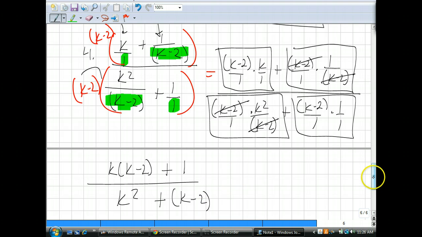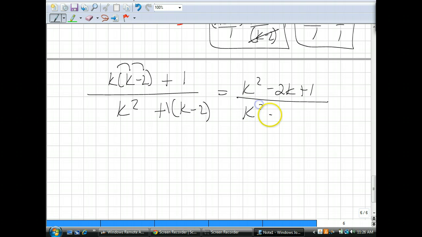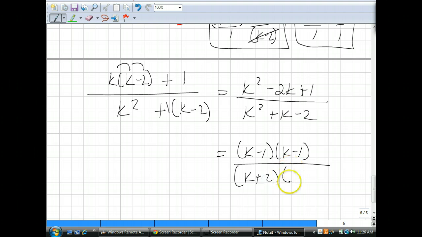Okay, then I go back and distribute to get rid of these parentheses. It's going to be k squared minus 2k plus 1. I'm going to distribute the 1 that's here, k squared plus k minus 2. Right? Factor: k minus 1 times k minus 1 over k plus 2 times k minus 1 is what each one of those factors to.